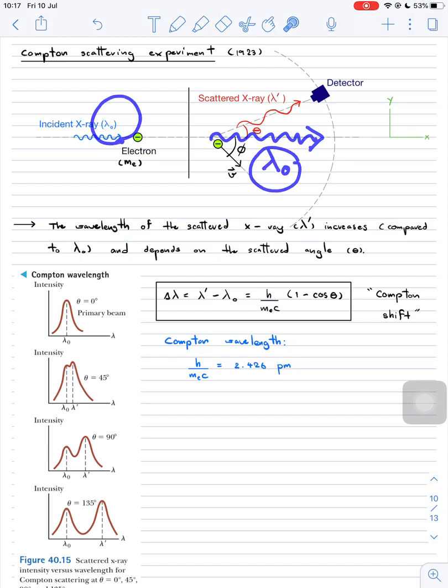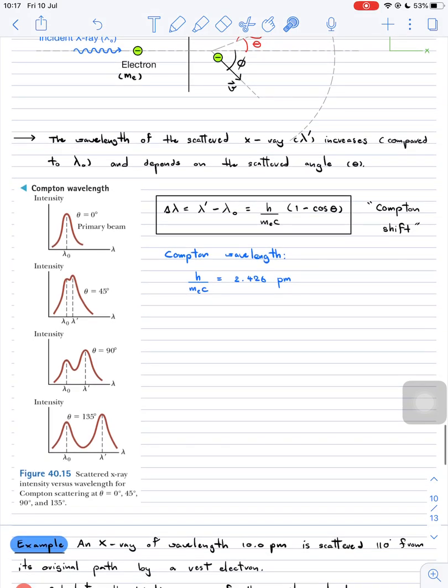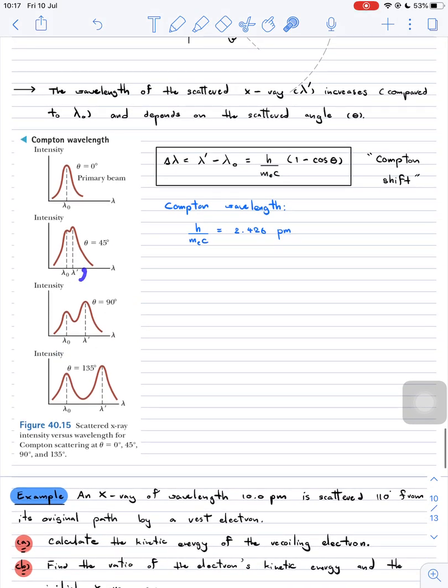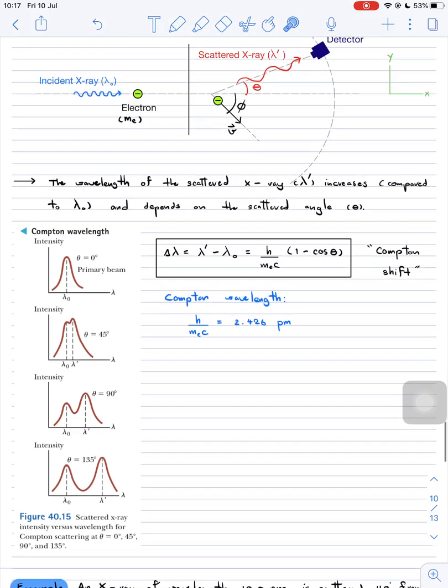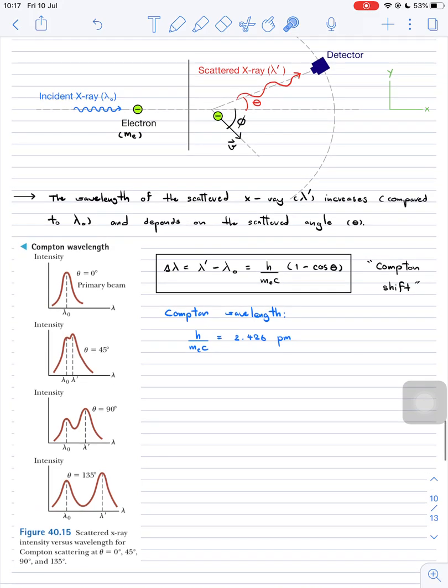But if we move this detector away from the central axis, for example to 45 degrees, 90 degrees and 135 degrees, you can see that lambda prime is increased more and more.